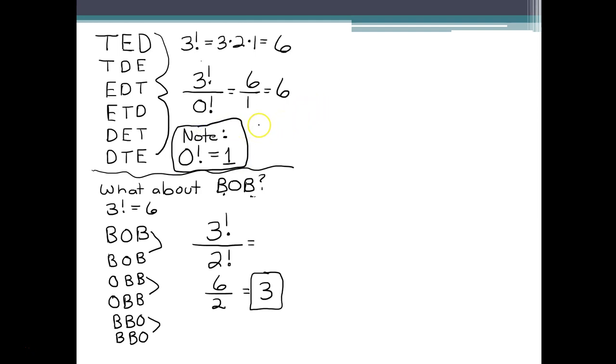Kind of like how a 0 exponent gives you a result of 1. 0 factorial, for some similar reasons, equals 1. So you end up with 6 over 1, which is 6. All right, what if you have a longer word? What if you have something like, oh, here's one of my favorites, Mississippi.